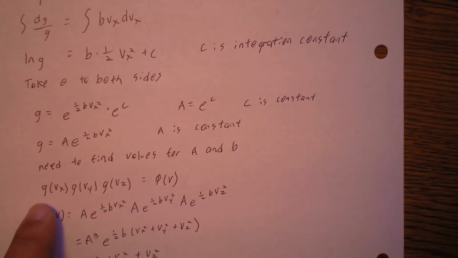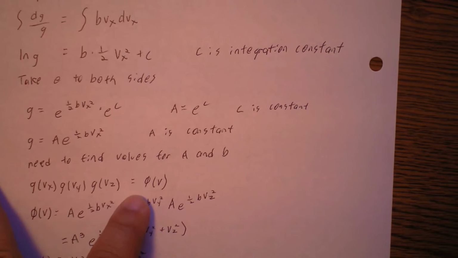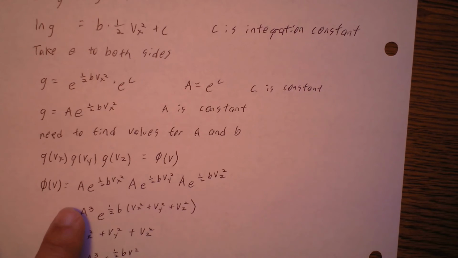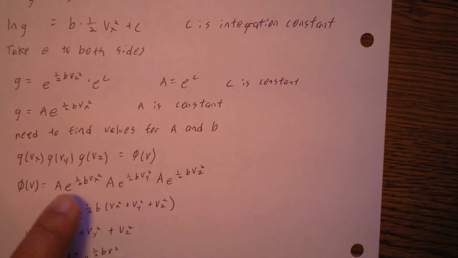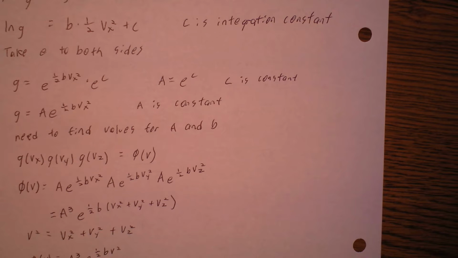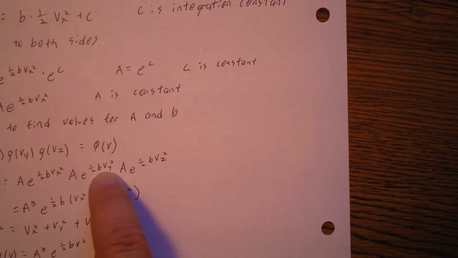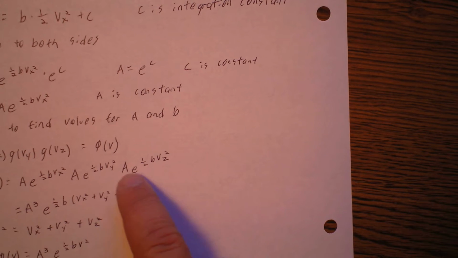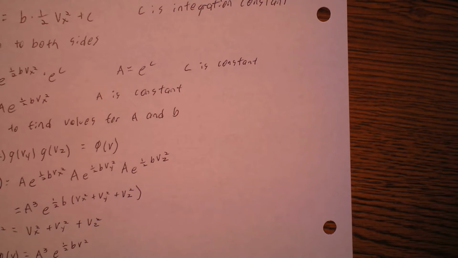So we have this function g of vx times g of vy times g of vz. That's equal to phi of v. So we get phi of v is equal to this constant a times e to the 1/2 b x component of velocity squared, and then times a times e to the 1/2 b times the y component of velocity squared, times a times e to the 1/2 b vz squared.